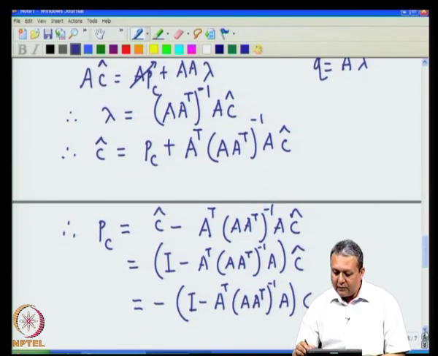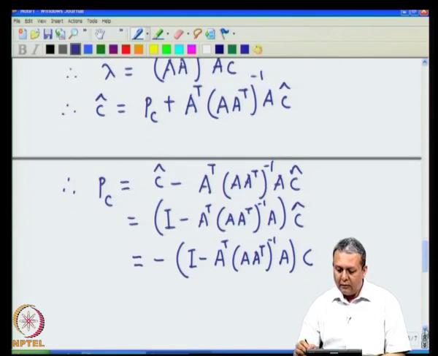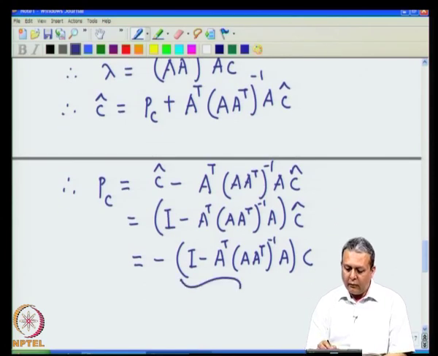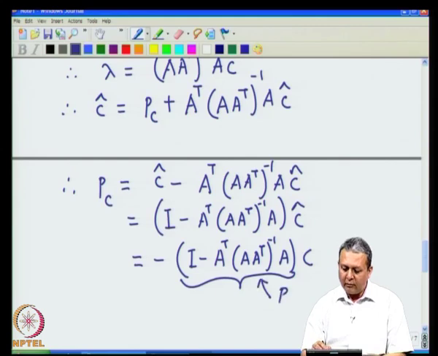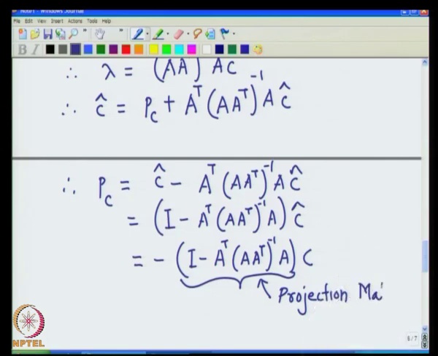So, this matrix, what we get here, is called the projection matrix. This matrix projects C onto the null space.